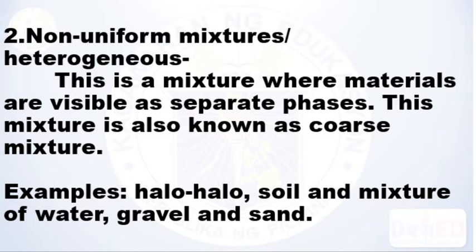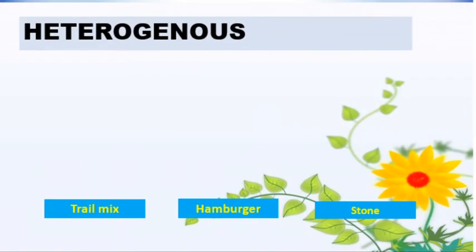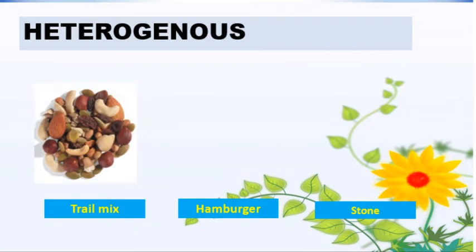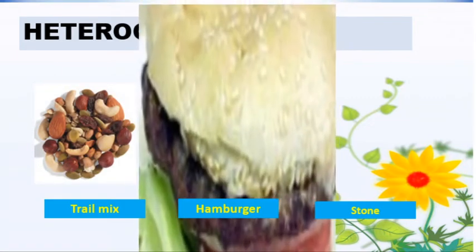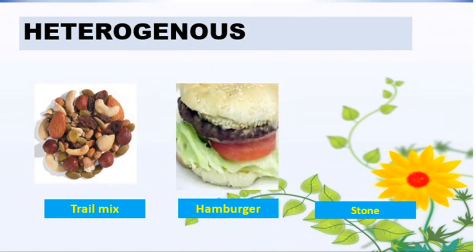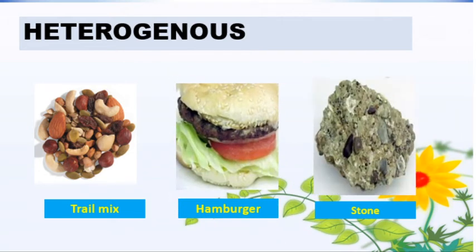Examples are halo-halo, soil, a mixture of water, gravel, and sand. Other examples are trail mix, hamburger, and rocks or stone. Rocks are heterogeneous because natural processes have mixed up sand and some living things.